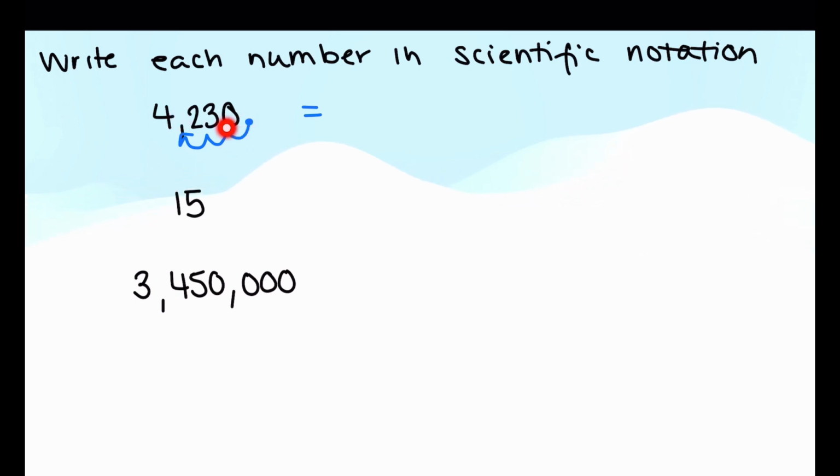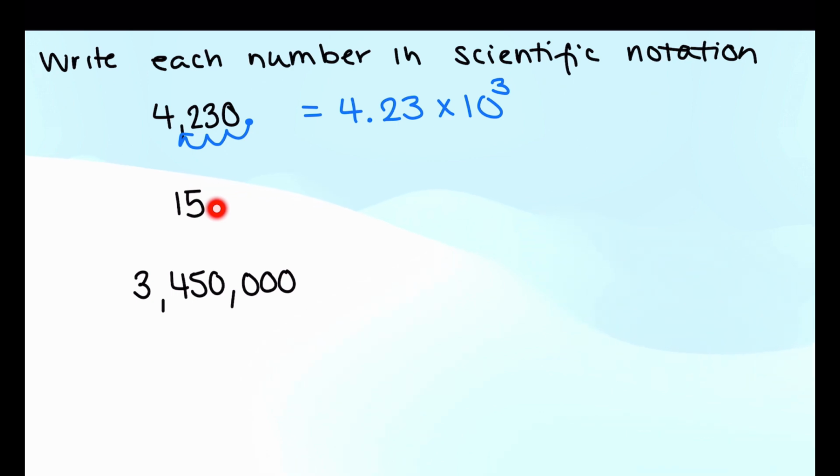So I have to move it 1, 2, 3 places to the left. Because this is a large number, 4,000, we're going to have a positive exponent. We moved it 3 places, so the exponent is 3, and we can write this number as 4.23 times 10 to the third.